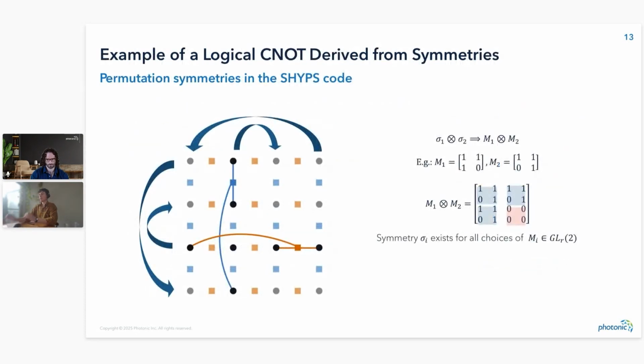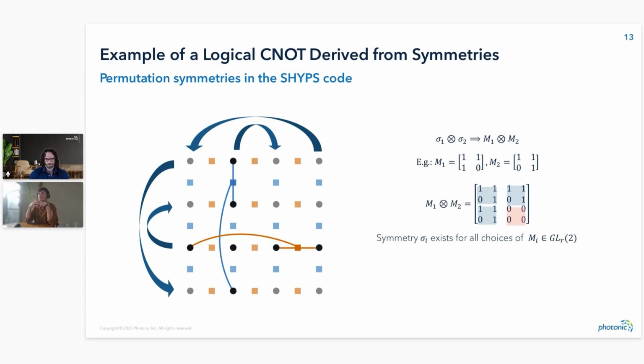Right, so we have the necessary symmetries in our code. But what's even nicer is that it's very easy to characterize the logical operators induced by the symmetries. If we think about logical CNOTs, we take some pair of symmetries, sigma 1, sigma 2, and apply them to the row and the column. We induce a logical CNOT that has a nice matrix description. It's simply a tensor product of 2 R by R invertible matrices, M1 tensor M2.